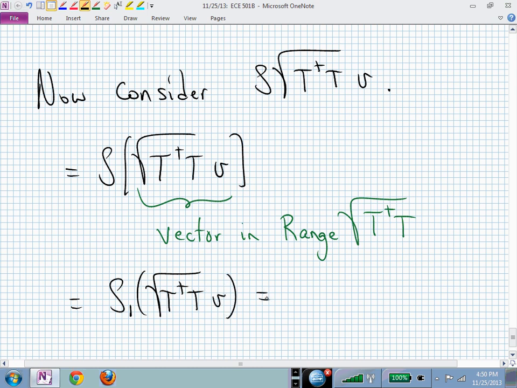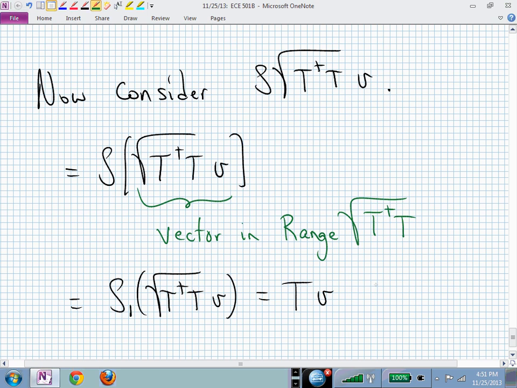But that's what we defined S1 to be. We defined that to be Tv. So now this S, positive square root of T dagger T v, is equal to Tv, and that's what we wanted in our original statement.